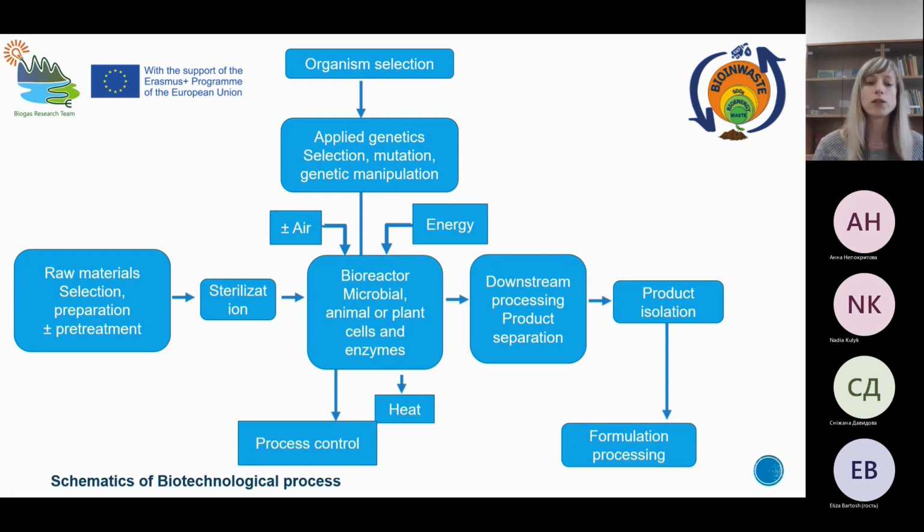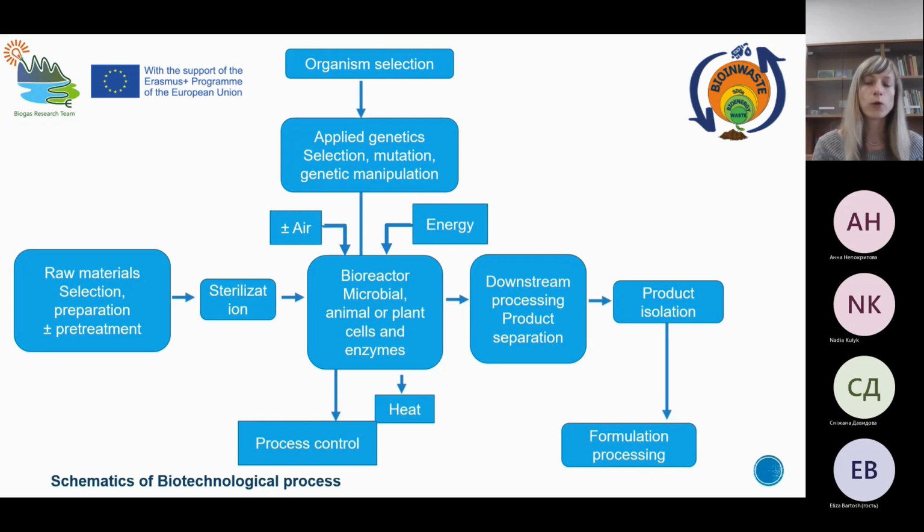And it's very important to identify these elements and mostly understand how biotechnology functions. It doesn't depend on the field of use and application of biotechnology, but means such elements, basic steps that all biotechnological processes have.